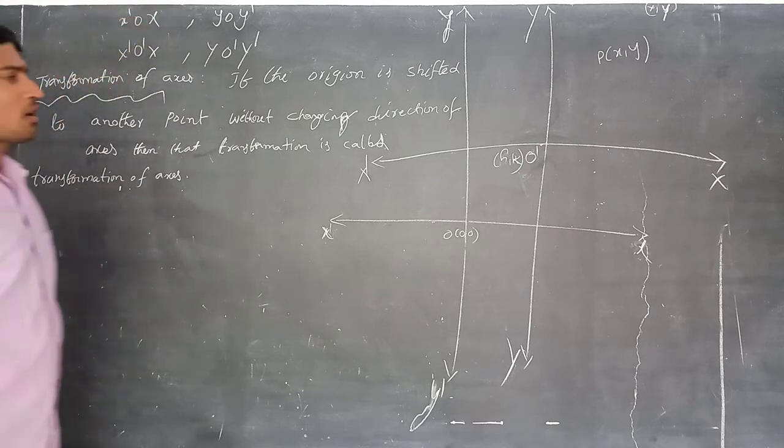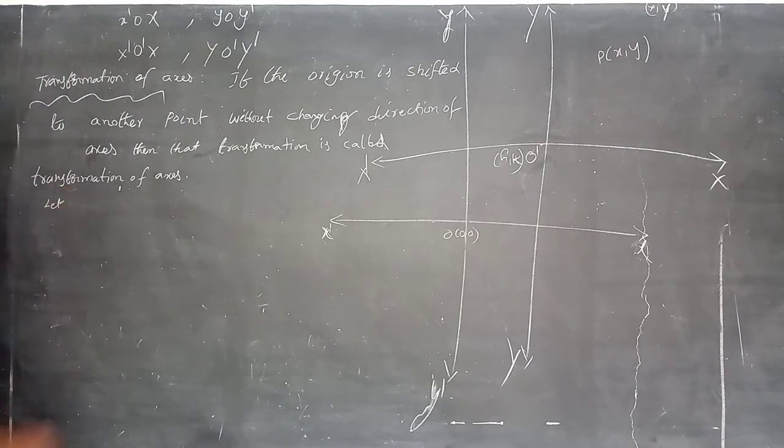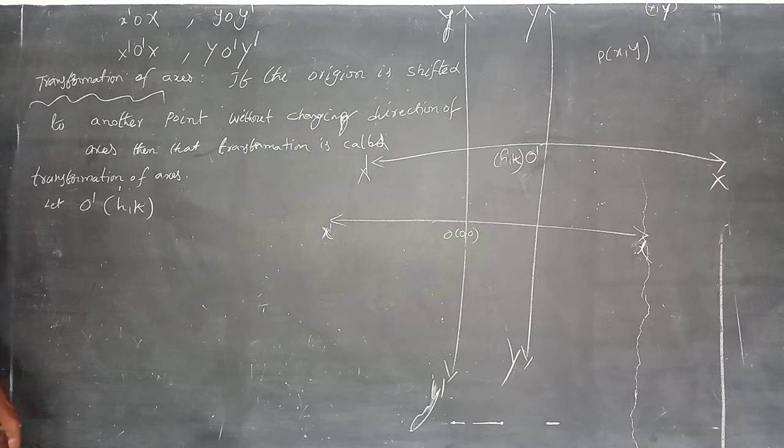Suppose O dash is equal to h comma k. Let us write a statement here.